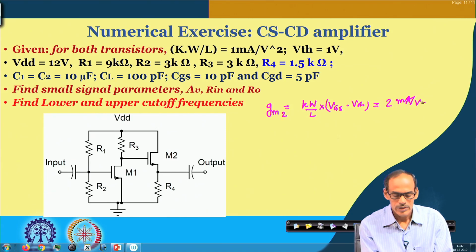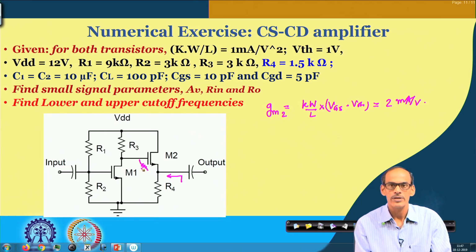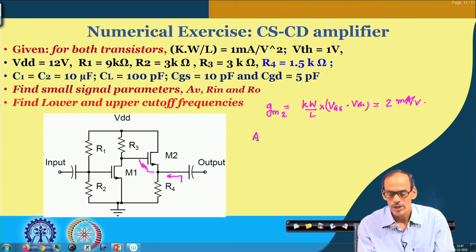Of course, since we do not have the R pi we have in BJT, the calculation here is much simpler, and you can approximate that the gain here, AV 2 rather, the second stage gain, is very close to 1.